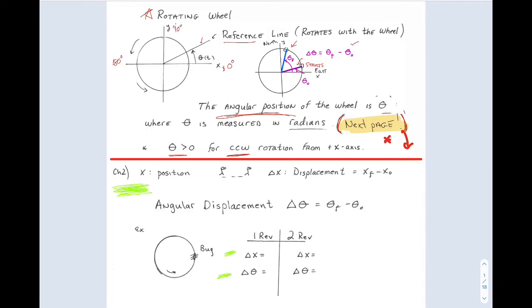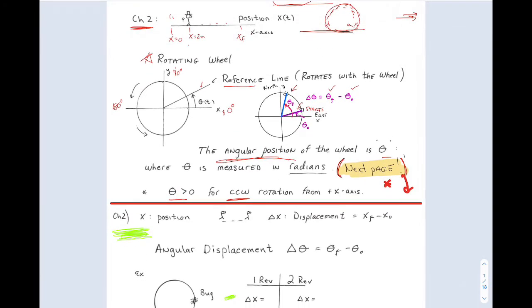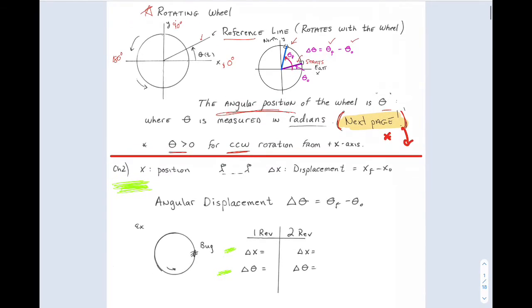I wait a little while longer, and now the wheel orientation is up here. The wheel rotated a little bit counterclockwise. So this is my final angle, my final angular position. Just like the person walks down the road, they have an initial position x initial, final position x final. The wheel can have a final angular orientation or angular position.